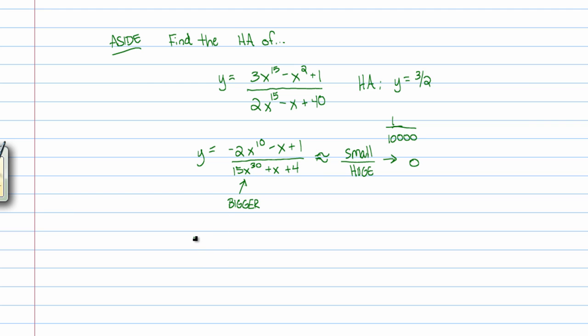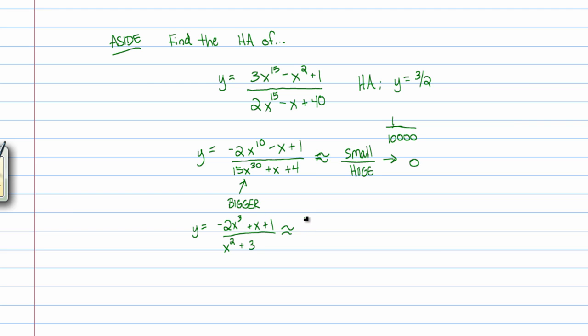Now, the worst case scenario, I think a lot of students really dislike it, is if you have something like this, negative 2x cubed plus x plus 1 over x squared plus 3 or something like that. Notice the degree of the polynomial in the numerator is larger than the degree of the polynomial in the denominator. In this case, if x is really large, well, the numerator is going to take off and the denominator is going to be really small.